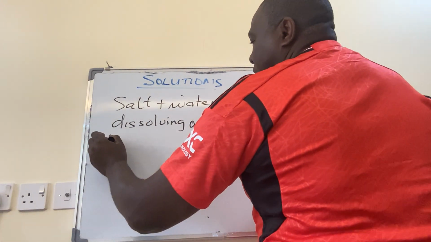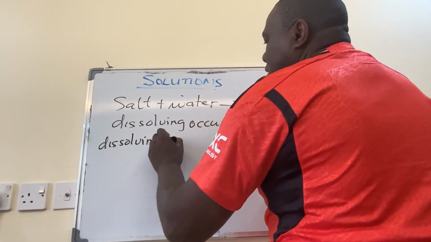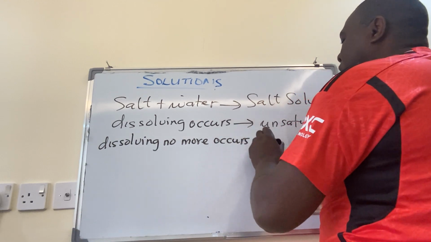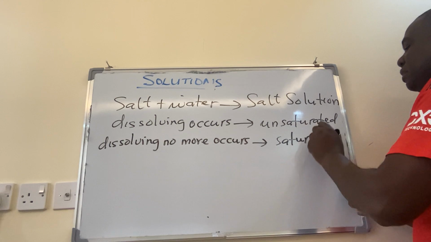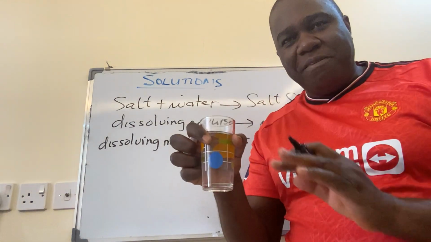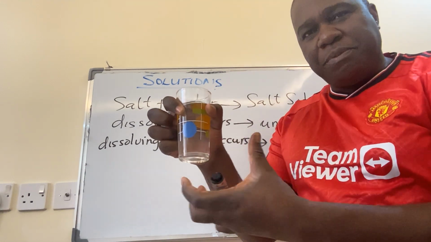But when dissolving stops, when dissolving no more occurs, what is that referring to now? We have reached saturation. Just a bit of chemistry. When I dissolve something, you know water has spaces between it.